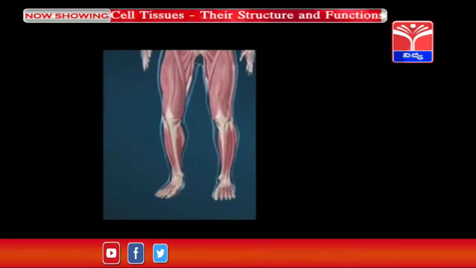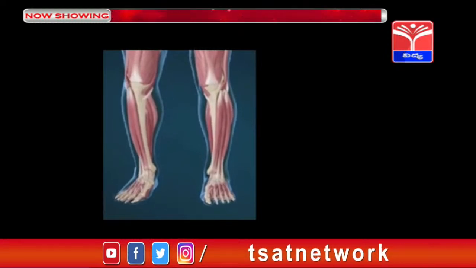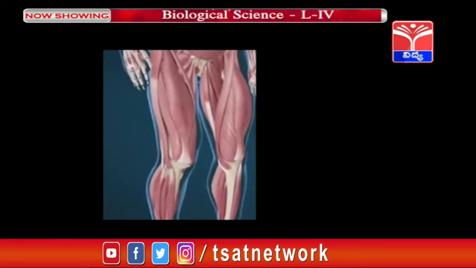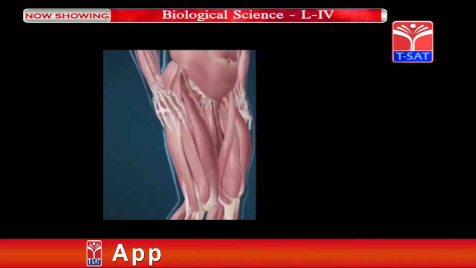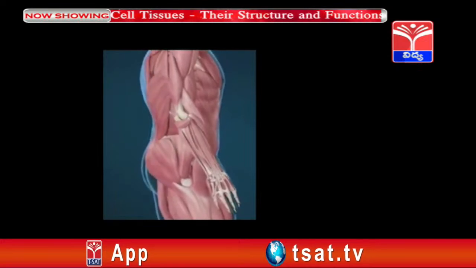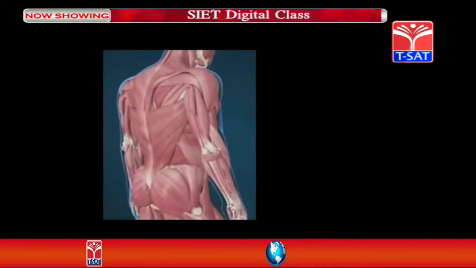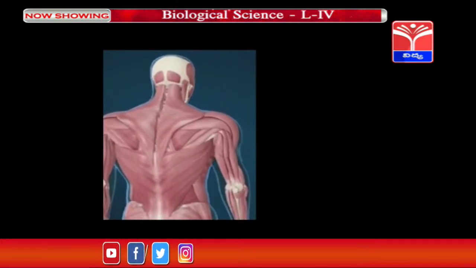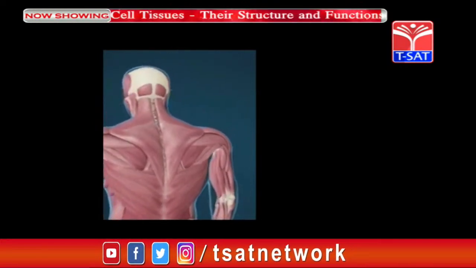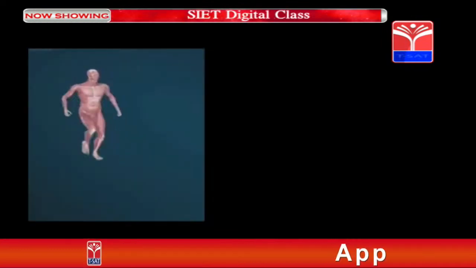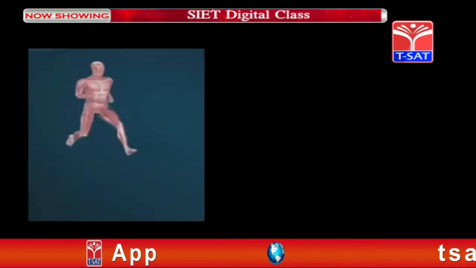Muscle tissue. This muscular tissue is found in the muscles in the body. Muscles are responsible for the movements like movements of hands and legs, and also several internal organs such as intestine and heart. We can move some muscles by our conscious effort, like muscles in limbs.